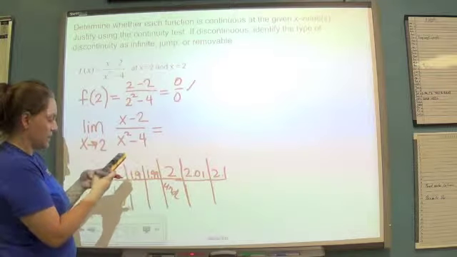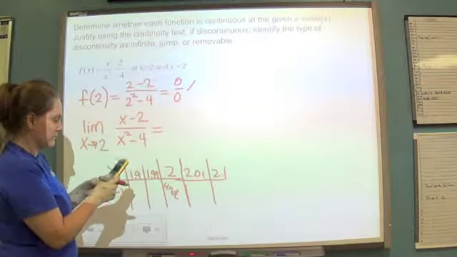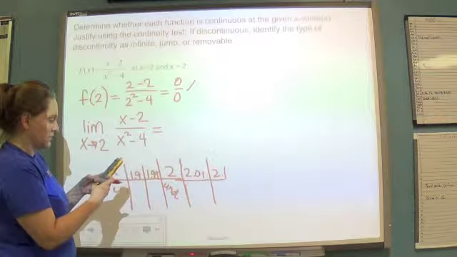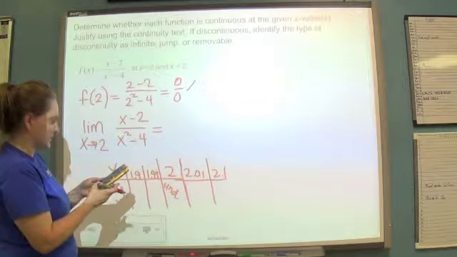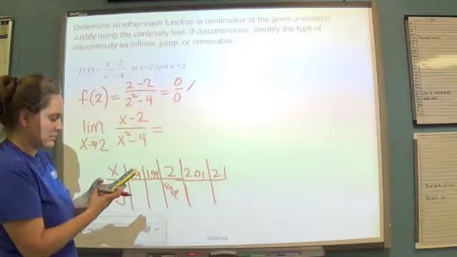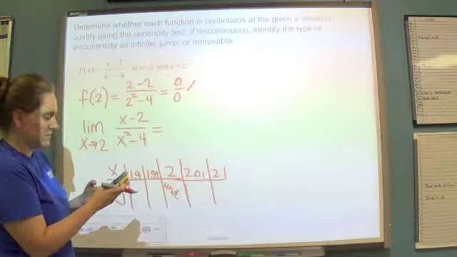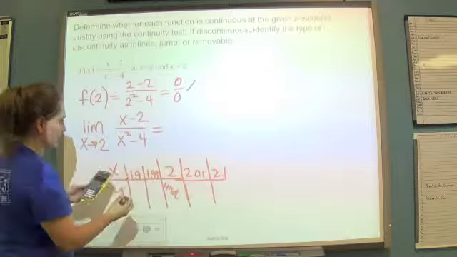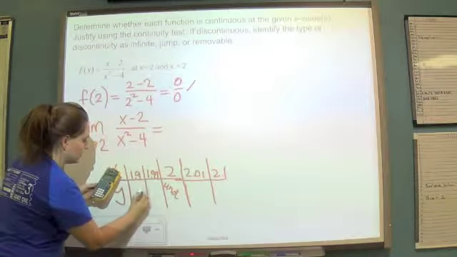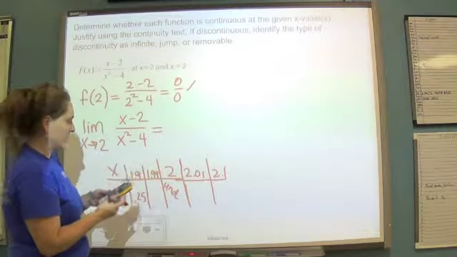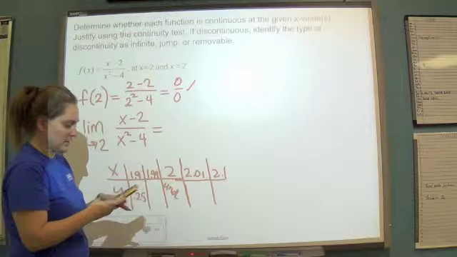We've got x minus 2 over x squared minus 4. Right now 1.9 is plugging in for x, and we're getting 0.2564.